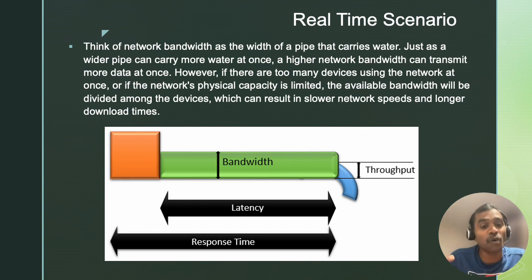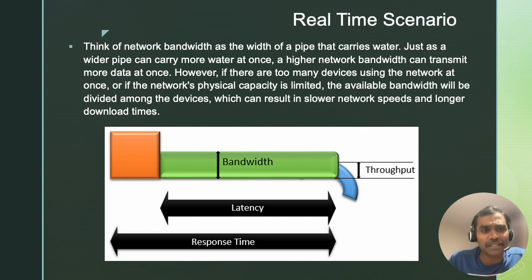Even though the bandwidth is 1,000 gallons, we are sending only 100 gallons, so the throughput would be 100 gallons per second. The latency is the time taken for these 100 gallons to reach a destination. Response time is the same, how long it took.